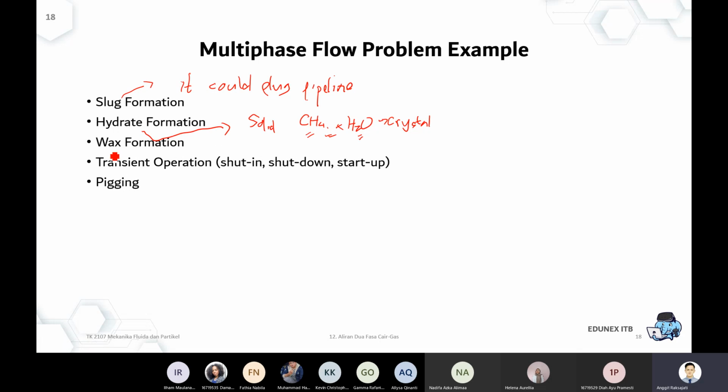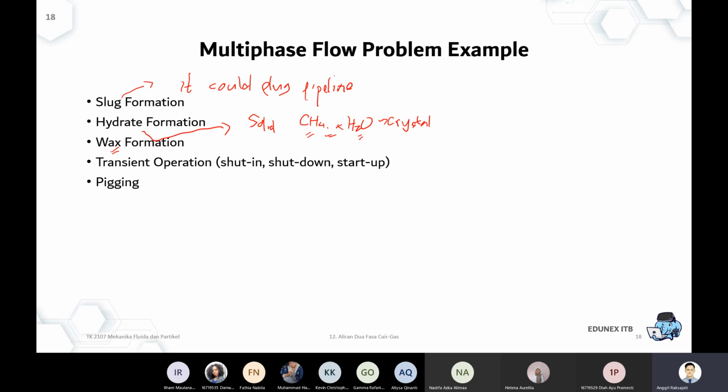And of course, we have a wax. It's a waxy content from a heavy hydrocarbon. So now it's not in a gas flow, but it's actually in the crude oil flow. For example, when you produce crude oil from well and you want to send it to the refinery, and you have some waxy content.